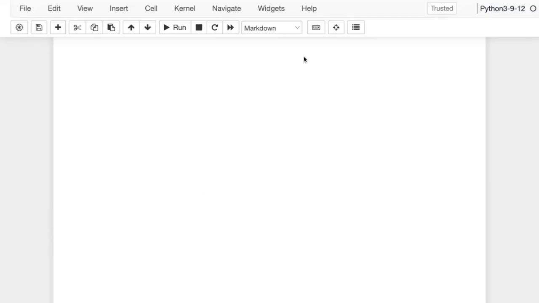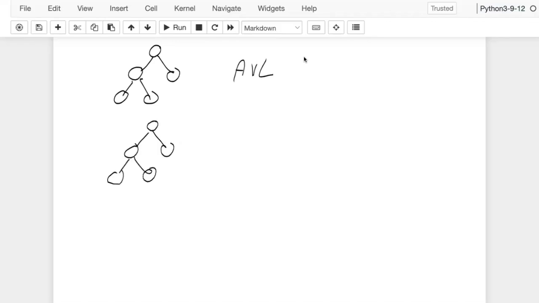Now let's say we have the following situation where previously we have an AVL tree like this, and then the new node comes in. That new node is either here or here.